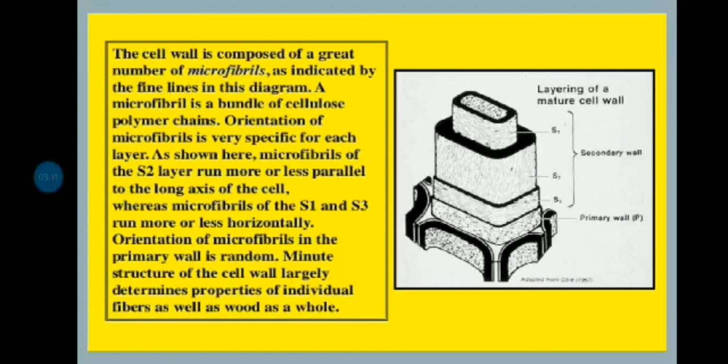As shown here, microfibrils of the secondary S2 layer run more or less parallel to the long axis of the cell, whereas microfibrils of the S1 and S3 run more or less horizontally. Orientation of microfibrils in the primary wall is random. Minute structure of the cell wall largely determines properties of individual fibers as well as wood as a whole.